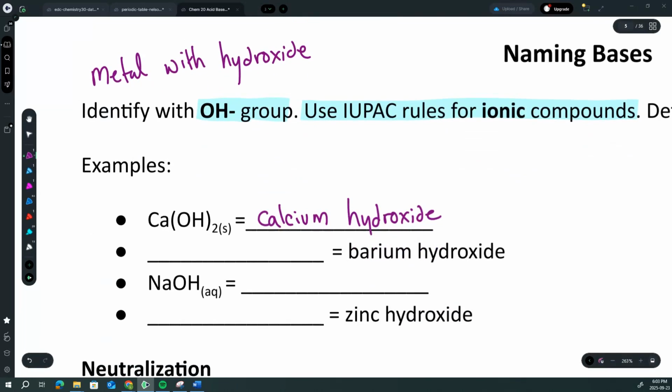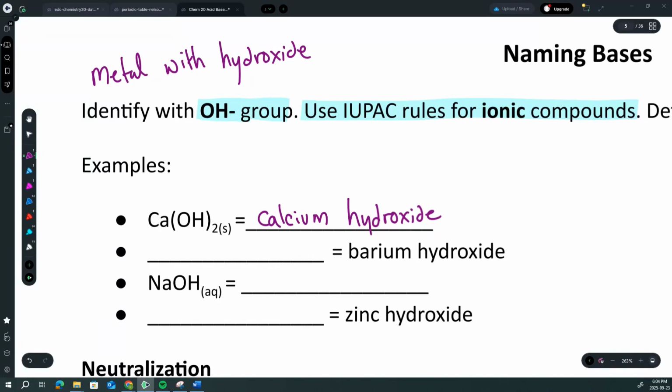So we don't need to say dihydroxide to represent that there's two of them. The reason is that for ionic compounds, since it's a cation, which is a positive ion, and an anion together, you can use that to figure out how much of each you should have, because you should know that you're always trying to create a neutral compound.